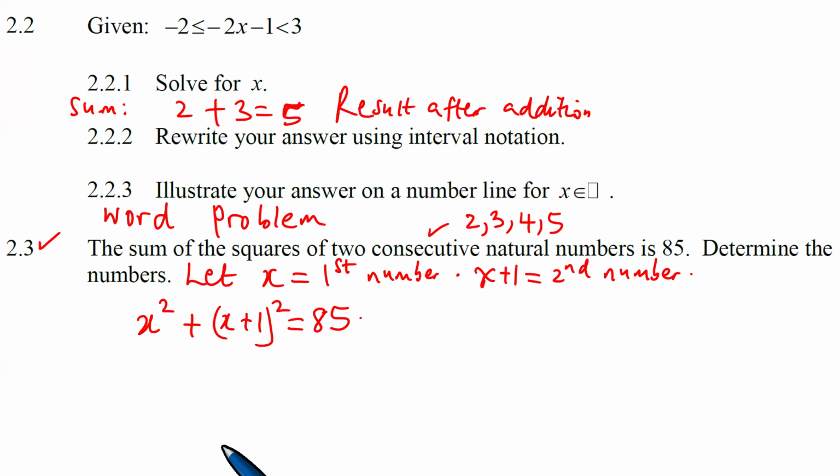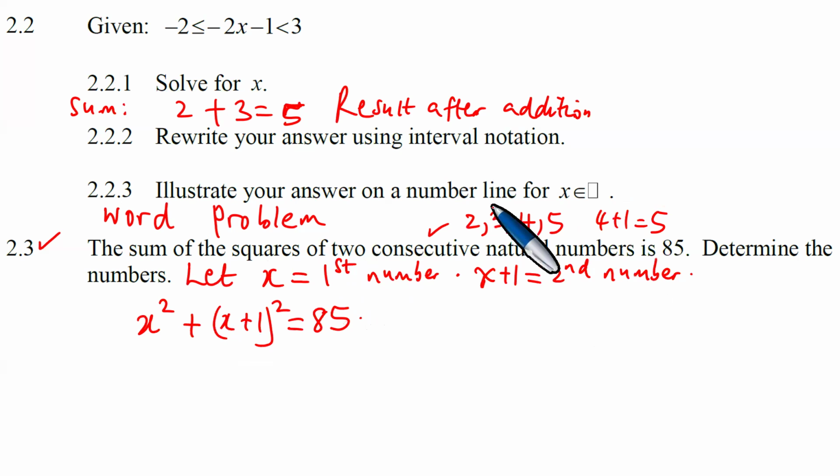x plus 1 is okay, because they said you are dealing with two consecutive natural numbers. Consecutive means that if the first number is 4, then to get the next one you add 1 to 4. 4 plus 1 is 5.